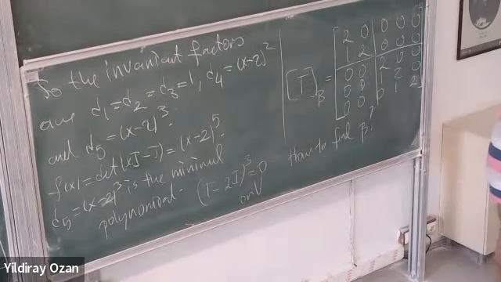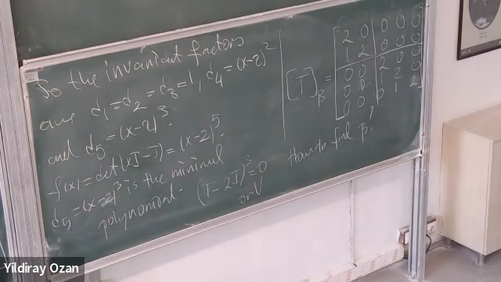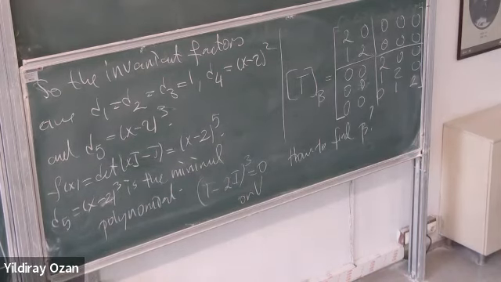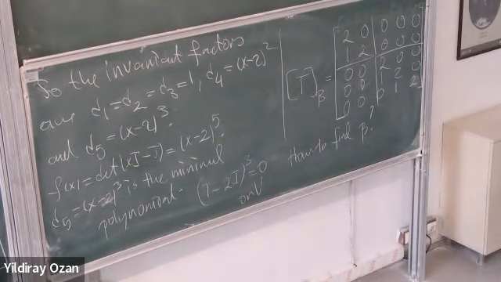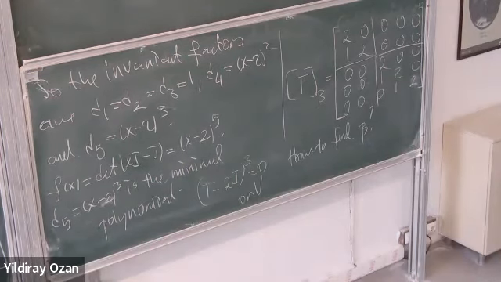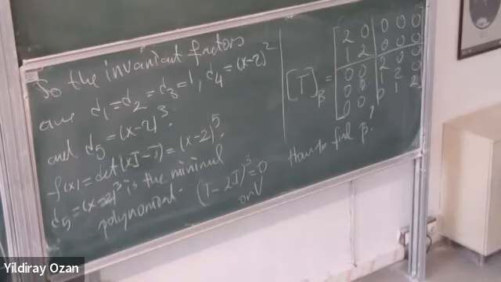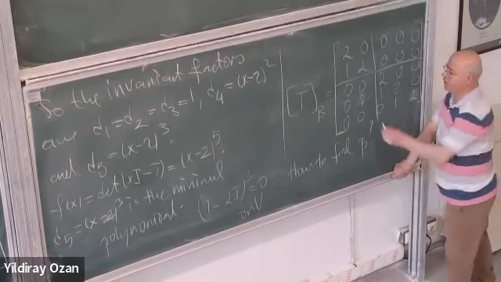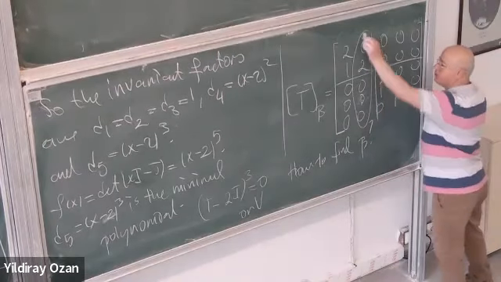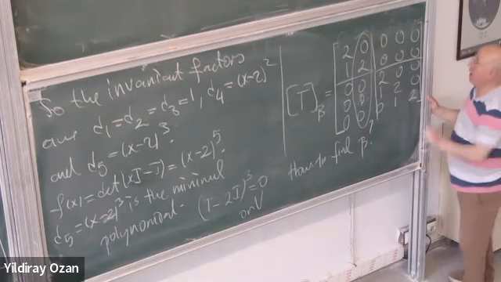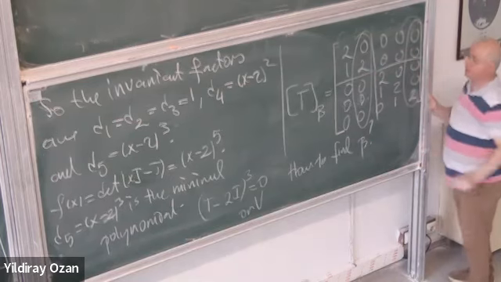Let's look at this figure again. Now, I have two eigenvectors, right? Note that this column corresponds to an eigenvector, and this column corresponds to an eigenvector. Why is that?